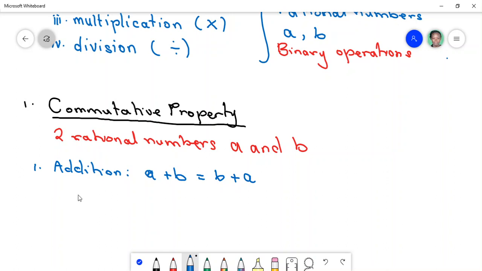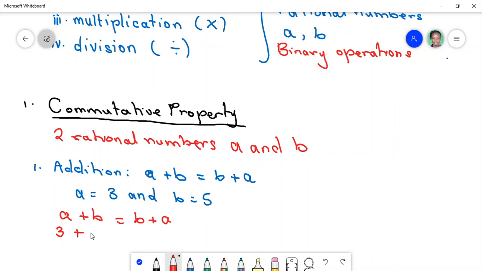Let's say A is equal to 3 and B is equal to 5. Let's see if it's commutative. So I have A plus B, which is equal to B plus A. What is A? A is 3 plus 5 here. We are saying it is equal to 5 plus 3.